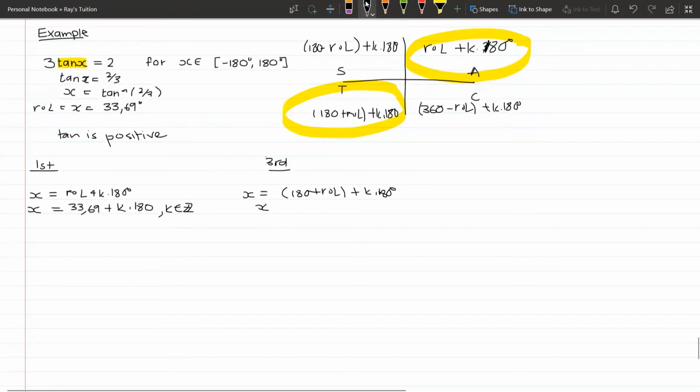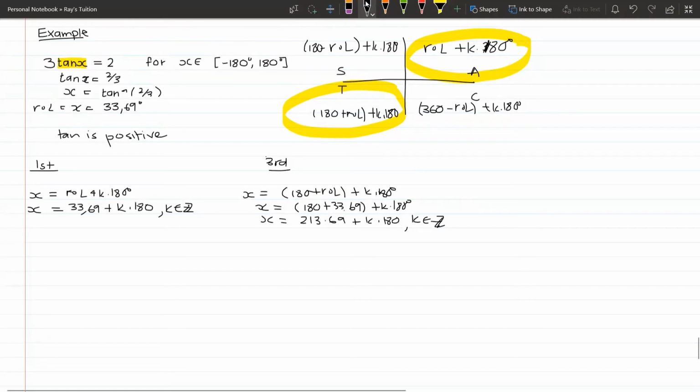So we have that x is equal to 180 plus 33.69 plus k times 180. So here we have that x is equal to 213.69 plus k times 180, where k is an element of the integers.